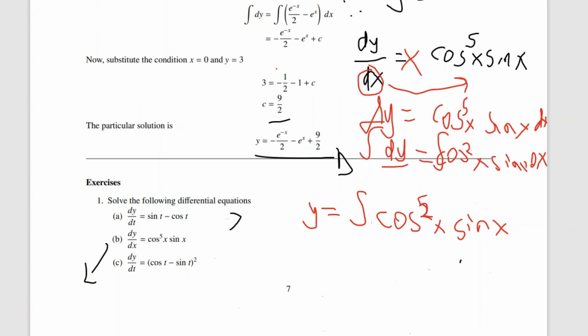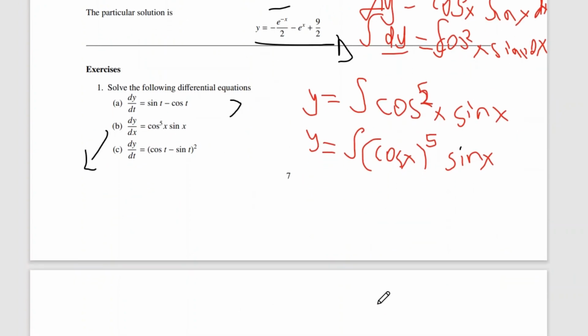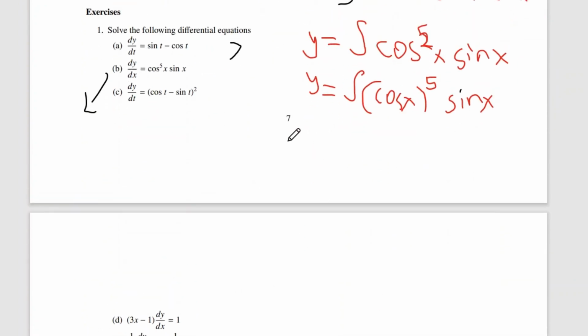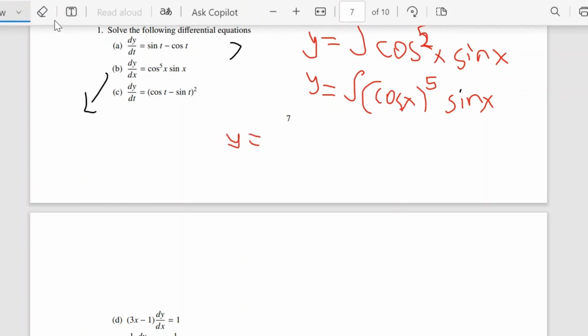First thing first, we're using u substitution, right? Because this looks like cos x all to the power 5, multiplied by sin x, right? So this is the same thing as that.